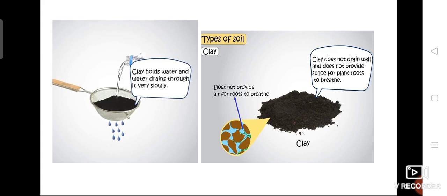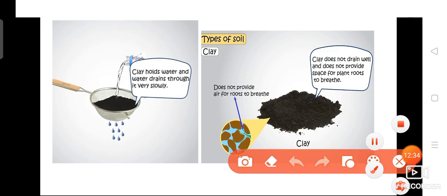The same thing, clay soil has been taken in the filter and we are pouring the water. I told you it has a good capacity to hold the water. So the drainage, that is the water coming out, is very little compared to the sandy soil. Have you understood what I am saying?